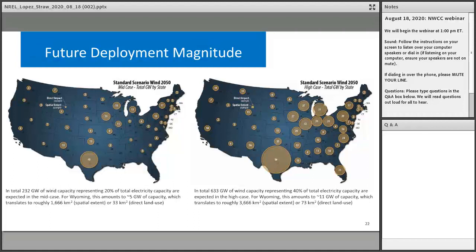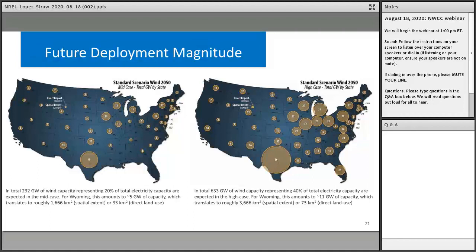Each year we evaluate technology trajectories using the Annual Technology Baseline to help guide our understanding of the potential for renewables deployment going out into the future under a whole framework of scenarios. So again, Wind Vision was before the Standard Scenarios. Standard Scenarios is now the annual reporting mechanism used to evaluate the future.